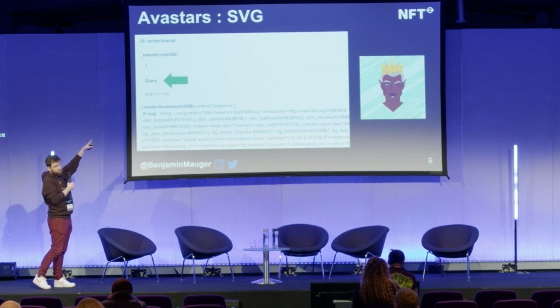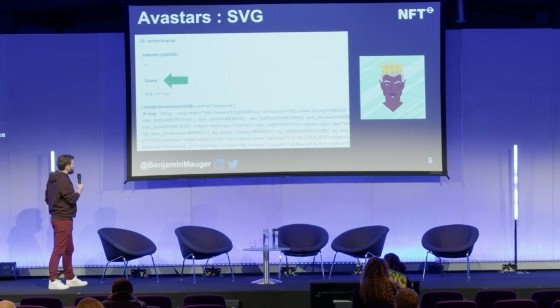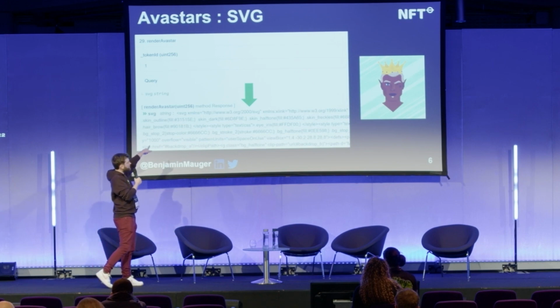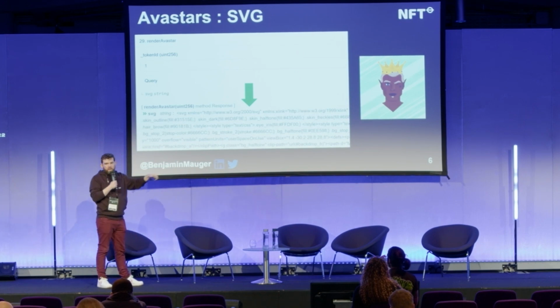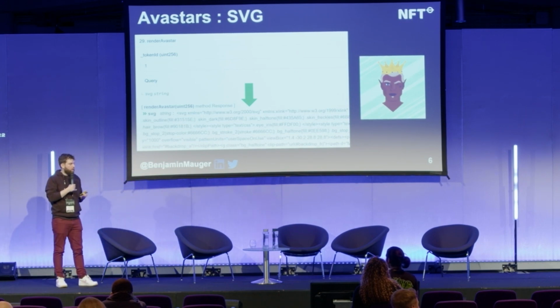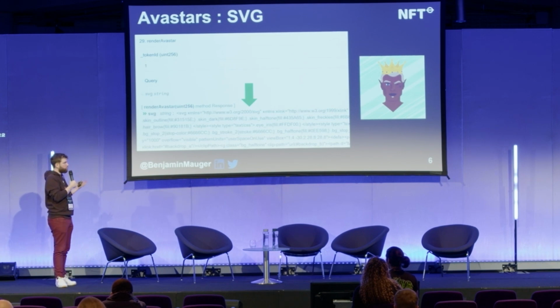Same, we put a token ID and use query, and we see it's SVG code. SVG code is a kind of code to put images in letters. You take that link and you put it in an SVG decompiler, you get your image. Simple as that.